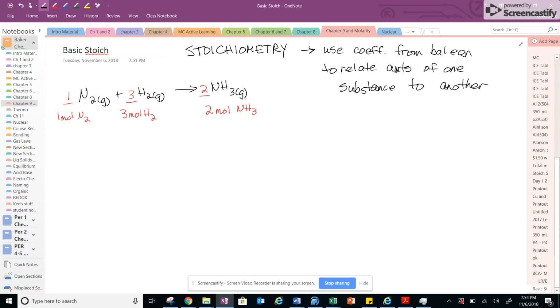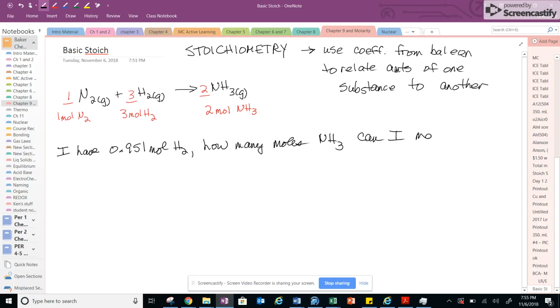All right, so let's say I had a situation where I have 0.951 moles of hydrogen, and I want to know how many moles of ammonia can I make? Well, some of you guys might be saying none, because if all I have is hydrogen, I can't make ammonia because I need to have some nitrogen to make it as well.